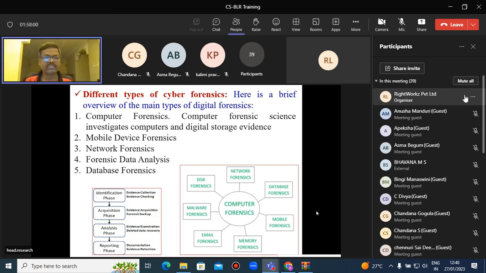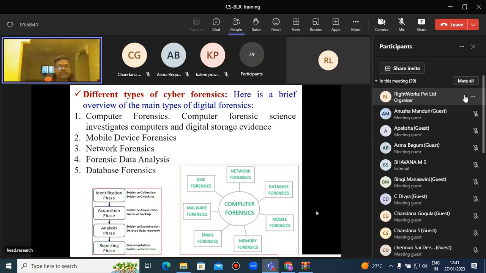There are four phases we use in cyber forensics. Identification phase: here we are collecting evidence and checking evidence. Then acquisition phase: evidence acquisition, forensic imaging. Then analysis phase: evidence examination, deleted data recovery.